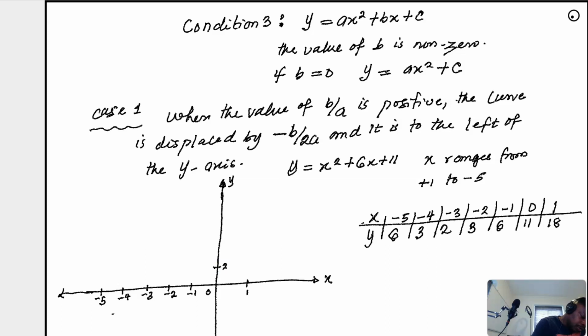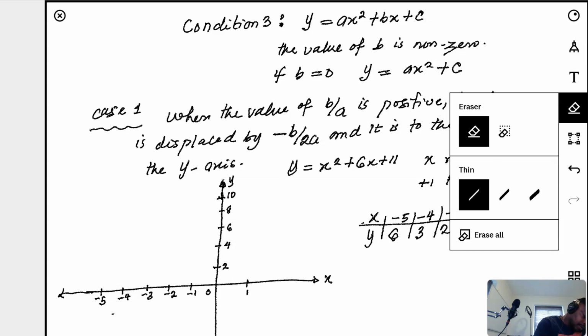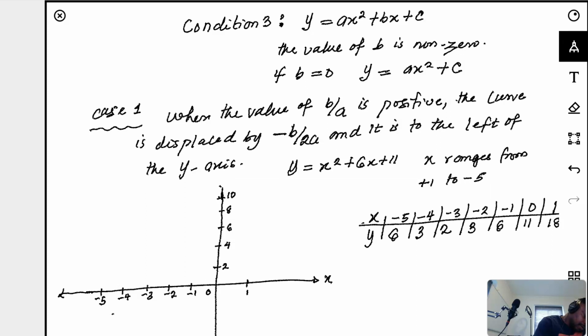This is 2, this is 4, this is 6, 8, 10, and that goes up to 12. Remember, we still have 18, but it doesn't matter.